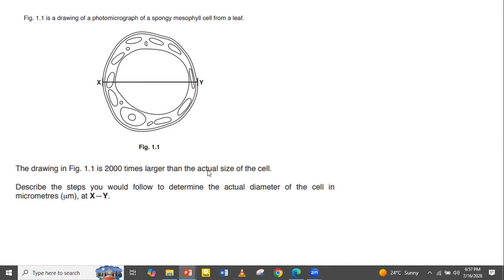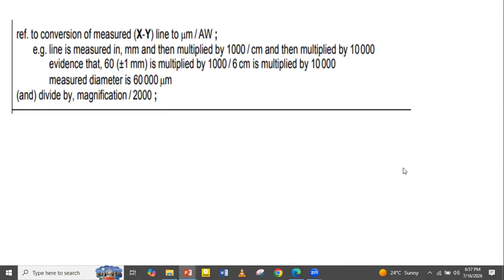To calculate the actual size of the cell, all you have to get is the image, which is from this section to this section. So measure that line and then get the actual size. Here they're telling you, describe the steps you would follow to determine the actual size of the cell in micrometers at XY. If you have been following, I'm sure you can attempt that question.